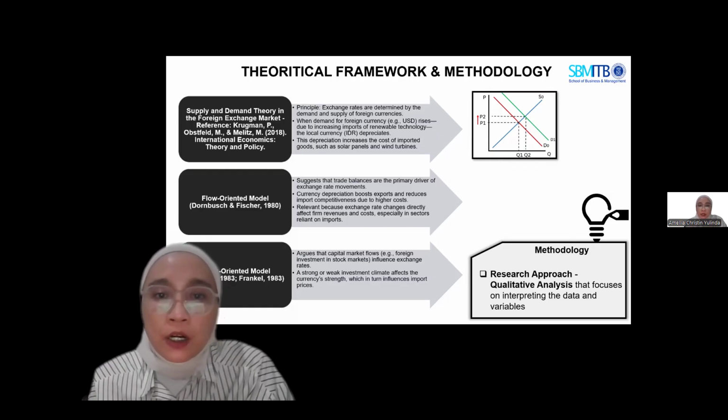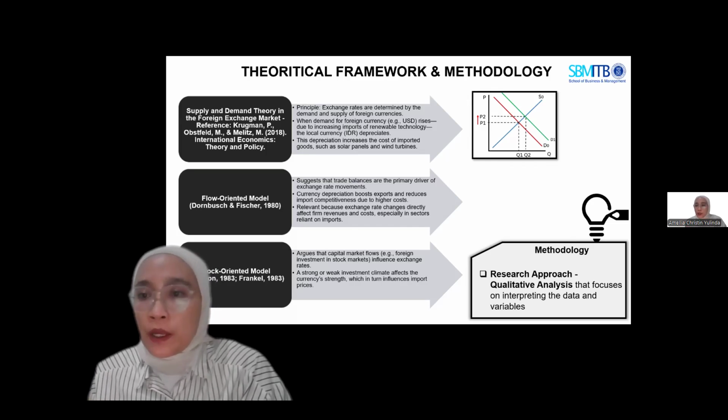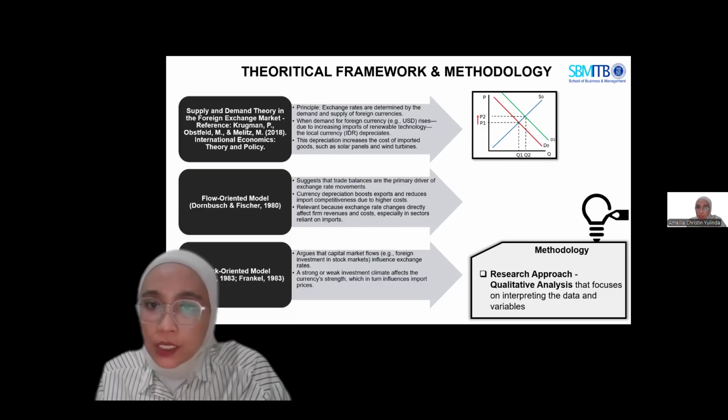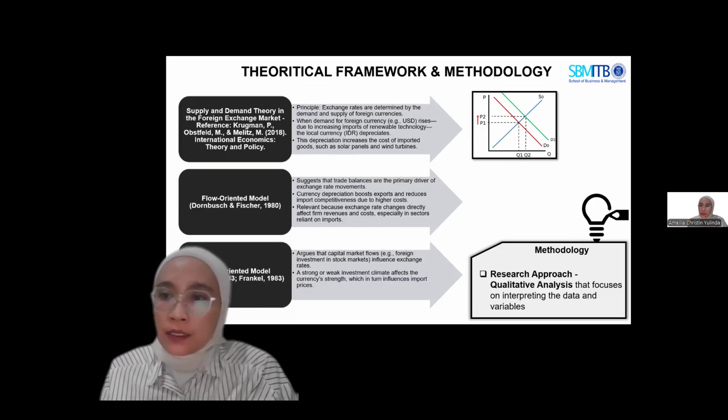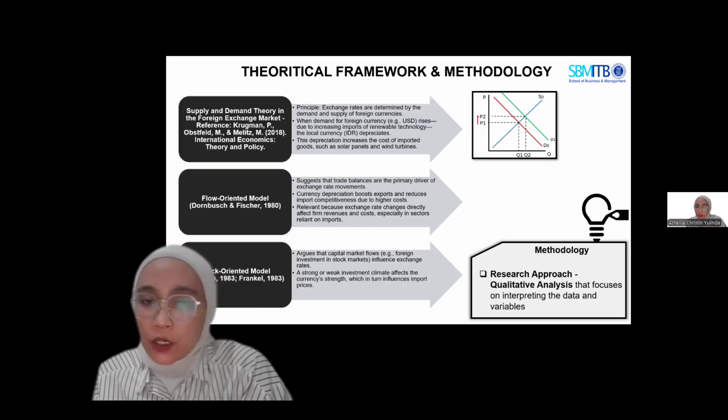When demand for USD rises due to increasing imports, because when we increase the import of renewable technology goods, we pay for them in dollars, the American dollar as the international standard.